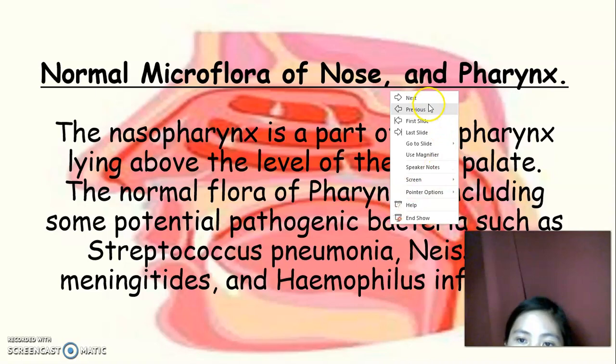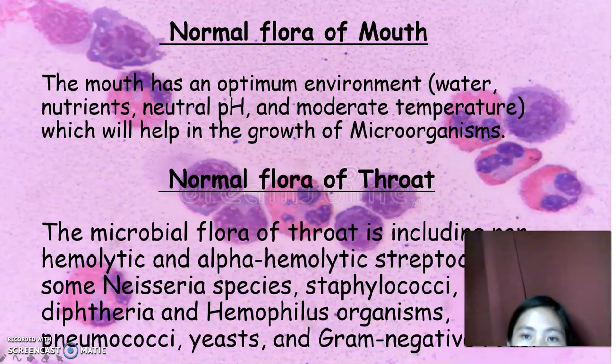Next is normal flora of the mouth. The mouth has the optimum environment of water, nutrients, neutral pH, and moderate temperature, which helps in the growth of microorganisms.